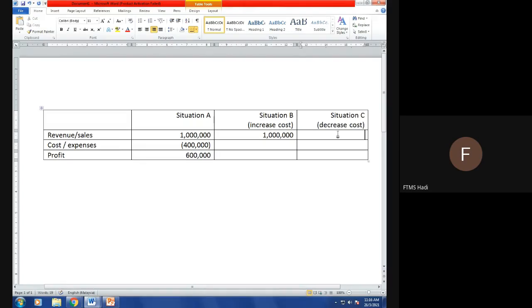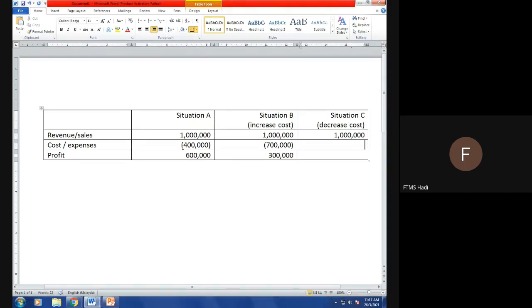What will happen to the profit if leverage happens? That means cost control. Let's say in situation B the cost increases from 400,000 to 700,000. So the profit will be 1 million minus 700,000, which becomes 300,000. But let's see what happens in situation C if they decrease cost.